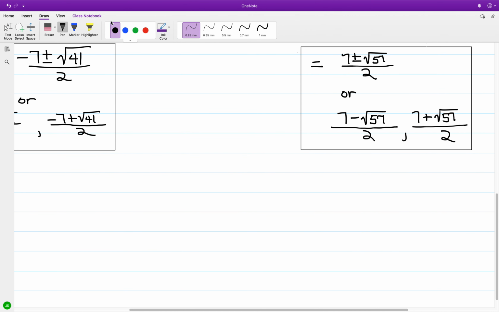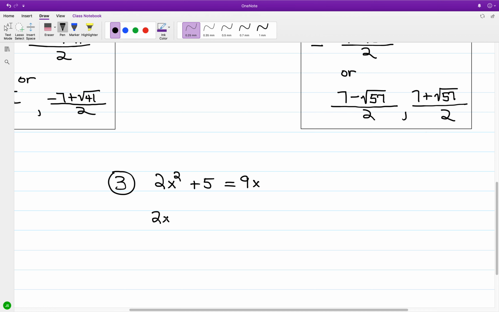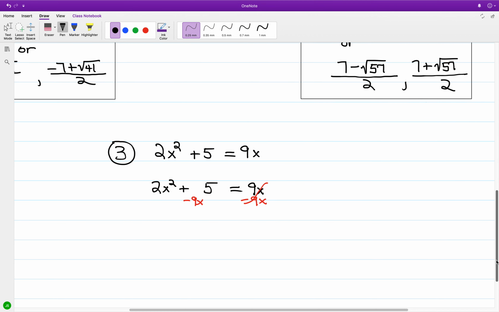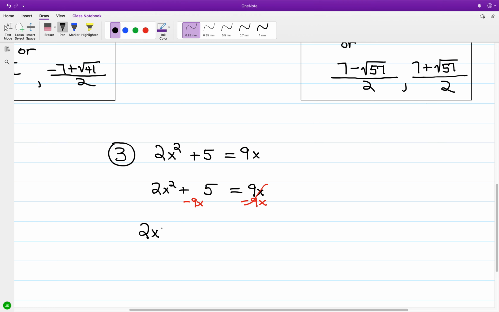Say, as a third case, we have the equation not yet established in standard form. We'll say that we have 2x squared plus 5 is equal to 9x. Looking at moving the 9x over and expressing the equation in standard form, that is setting the equation to 0, so I can readily identify what will represent a, b, and c.